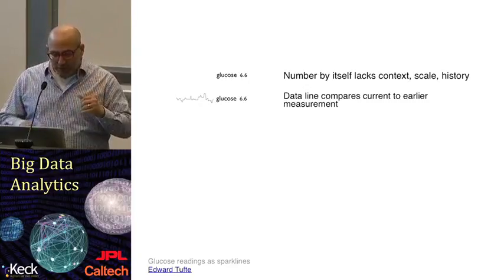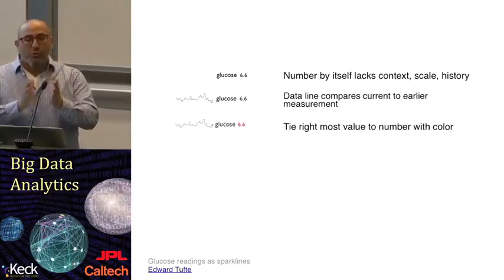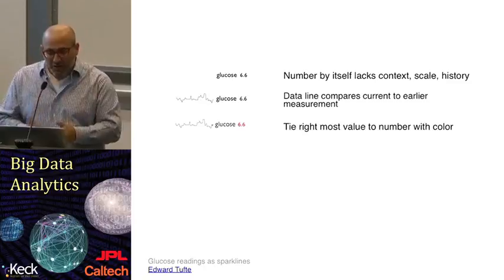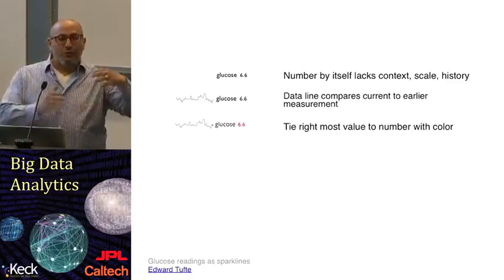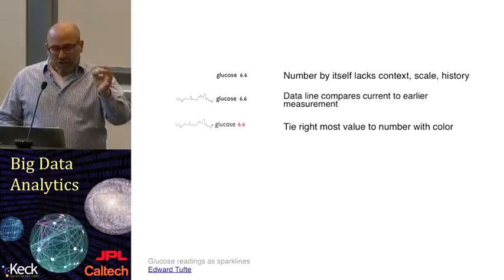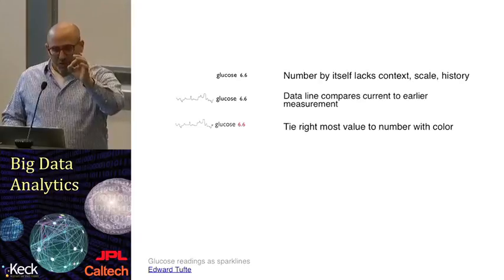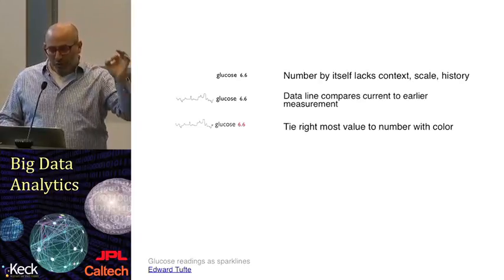Another thing one might do is to tie the number we're describing in the text to the actual line graph using a color marker. So you can see that semantically we've created a relationship between 6.6 and the rightmost number in the line graph.